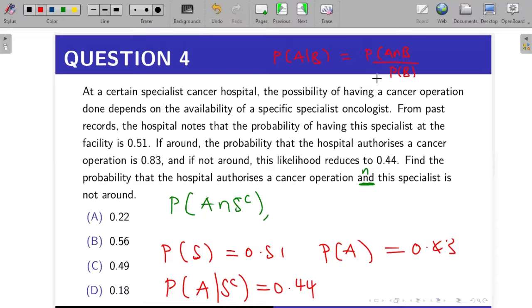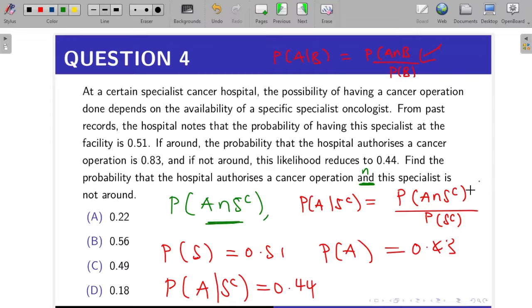The probability of A given that the specialist is not around is equal to the probability of A intersection S complement divided by the probability of S complement. So I'm just following this formula, and what we want to find is this guy on top there.